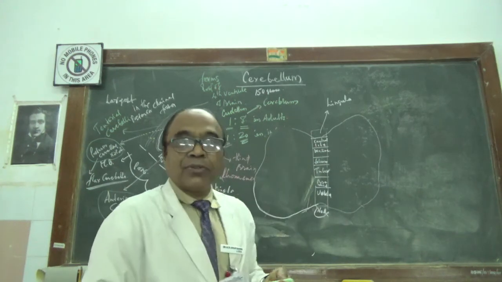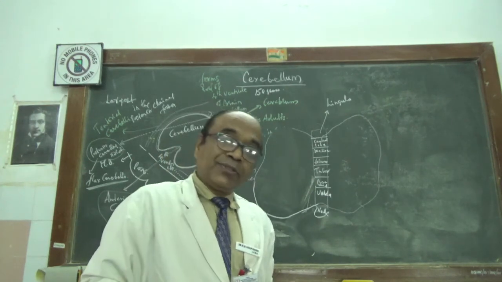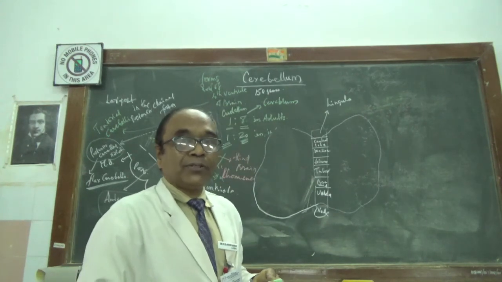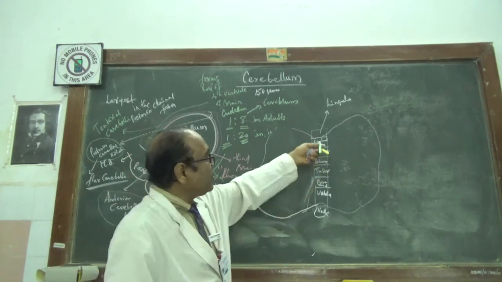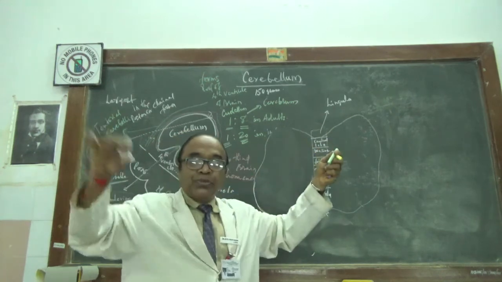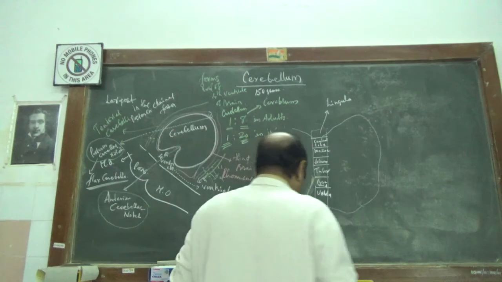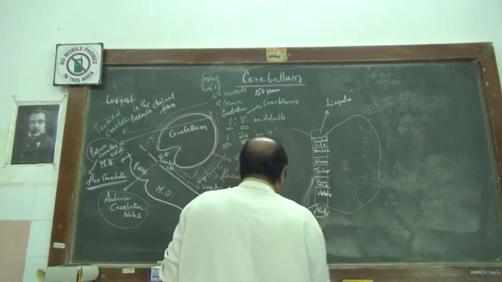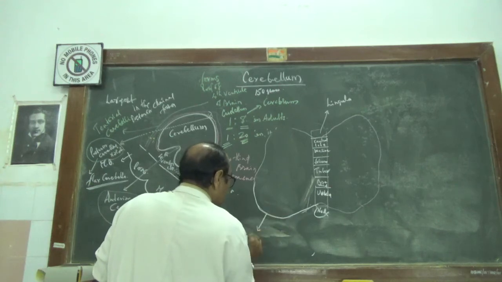It will have the anterior cerebellar notch, the posterior cerebellar notch, and a median upper portion and median lower portion. Now we will go to the lobes. Respectively, this will be the right lobe.